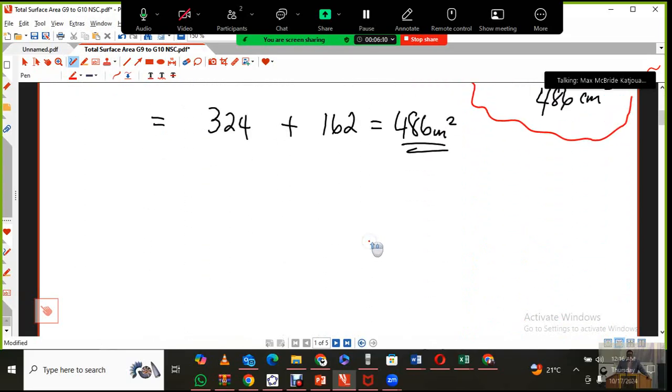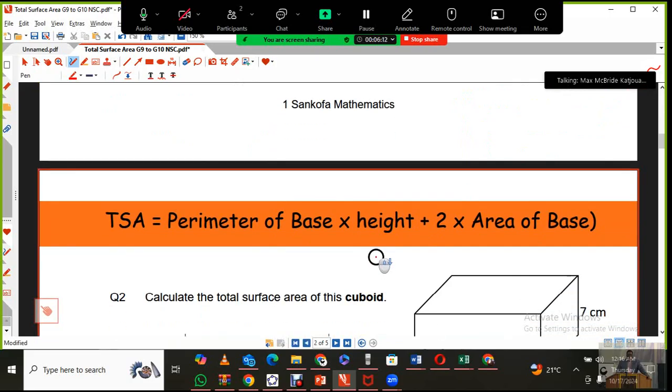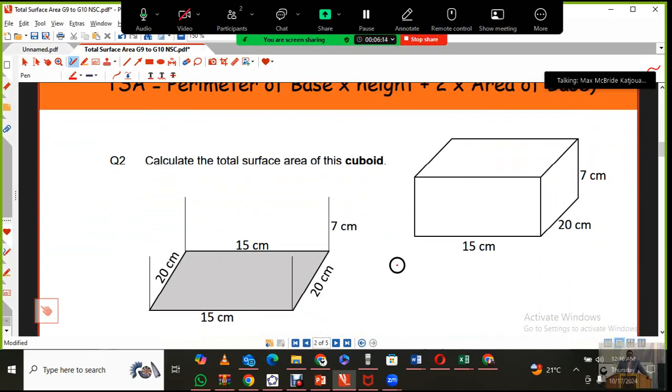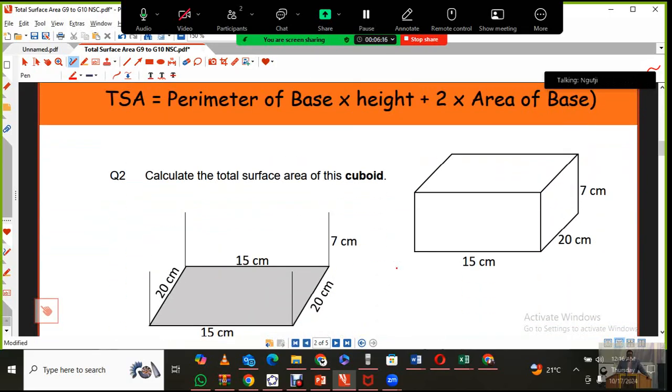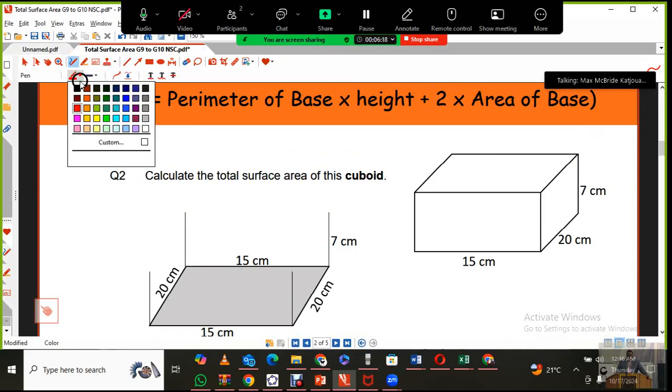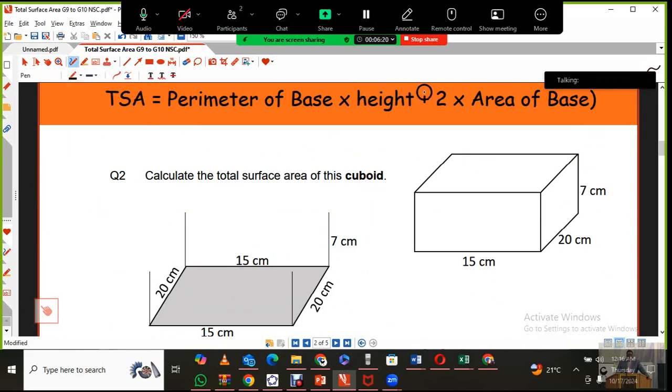Okay. So let's come to the second one. This is obviously a cuboid. What is another name for a cuboid?